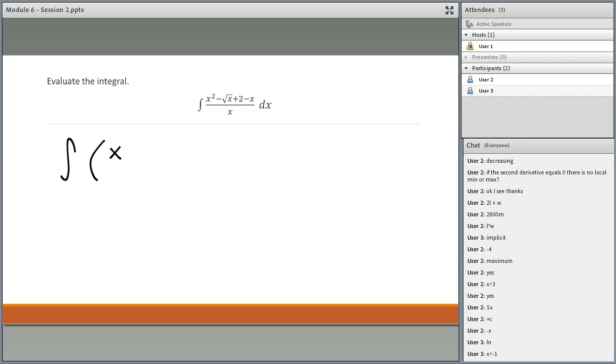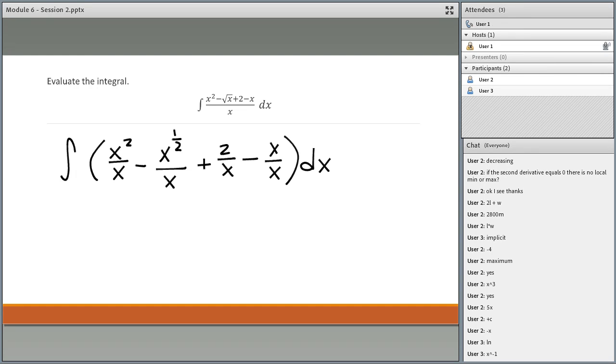Good. So what we can do is we can write x as x to the -1, and before we do that, just to separate them, we can separate each term by the denominator, and then we can do the x to the -1. So I will go ahead and write x to the 1/2 for the square root. Anytime I see a square root, I change it to x to the 1/2 plus 2 over x minus x over x.